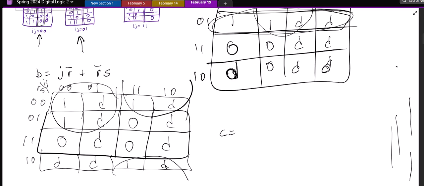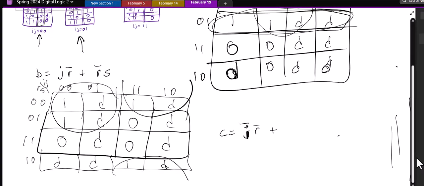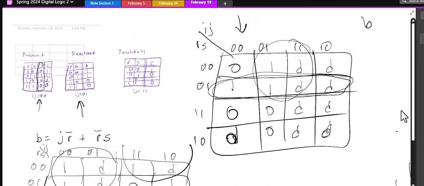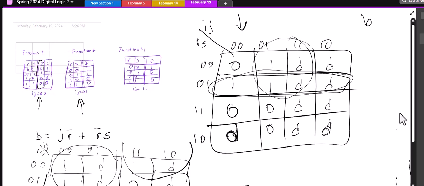So C equals, this first round group here has J equal to 0 and R also equal to 0. And this second group has, no, that wasn't J equal to 0, that was I equal to 0. Did I do that right on the one up here? Let's check. I did.